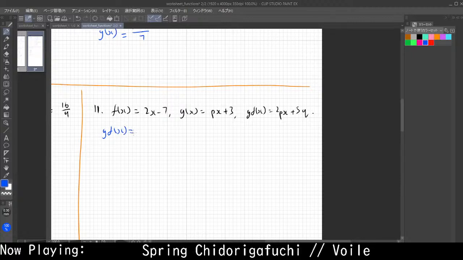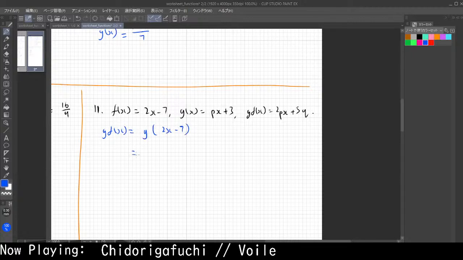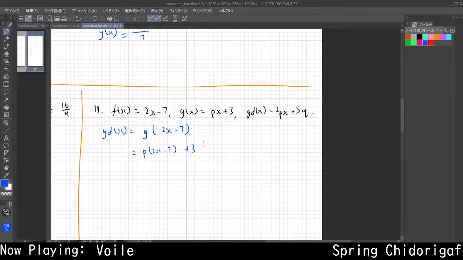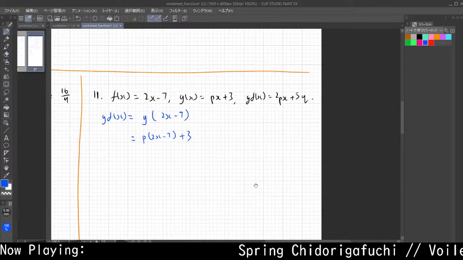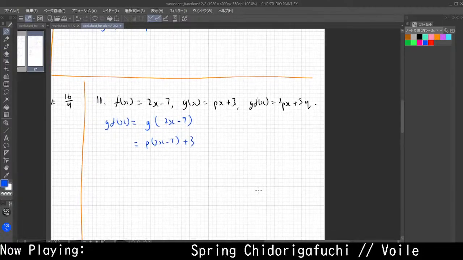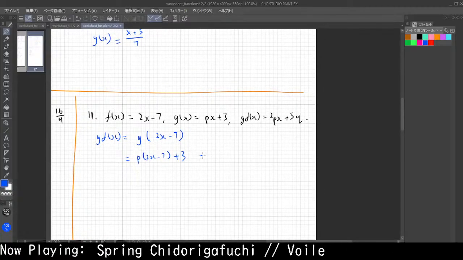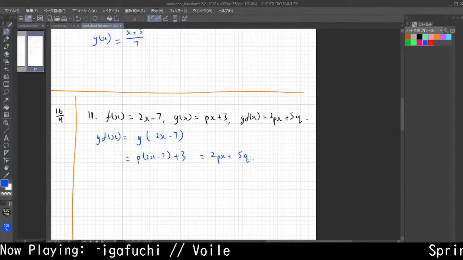gf equals g bracket f, which is 2x minus 7. g is px plus q, so p bracket 2x minus 7 plus q. And gf(x) should be equal to 2px plus 5q.